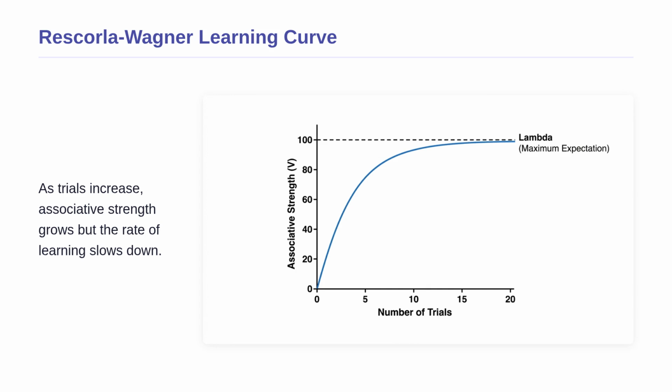Notice how the solid blue curve starts at 0 and rises steeply during the first few trials, just like our dog jumping from 0 to 20, then to 36. As the trials continue, the curve flattens out, approaching the maximum limit. This beautifully illustrates that learning is fastest when surprise is high and slows down as mastery is achieved.